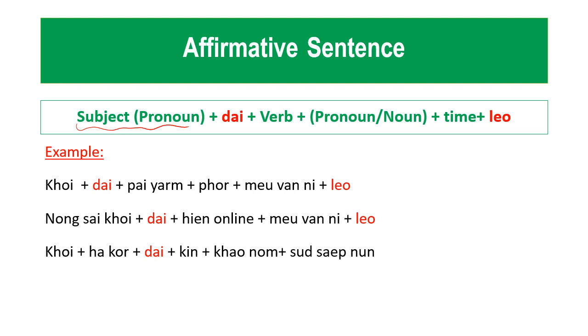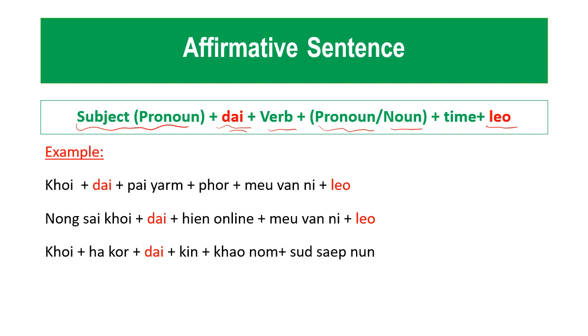Then the word that indicates the past tense is the word here, dai, and lao. These two red words are indicative words to say it is in the past tense. So the basic structure is pronoun, this word dai, and the verb, and the pronoun or noun or the object of the sentence.